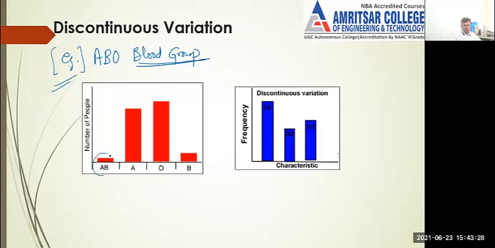Either you can see AB, A, B, O, but there is no continuous order, right? There may be random order. Random order means sometimes you are getting AB, sometimes A, sometimes O, sometimes B. It depends on the genes, codominant genes here.